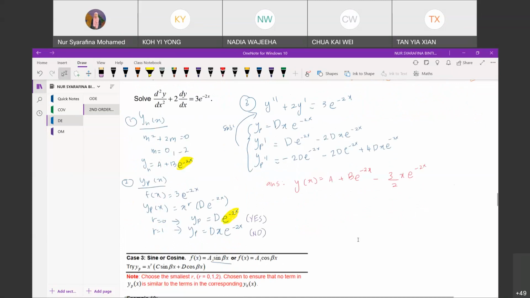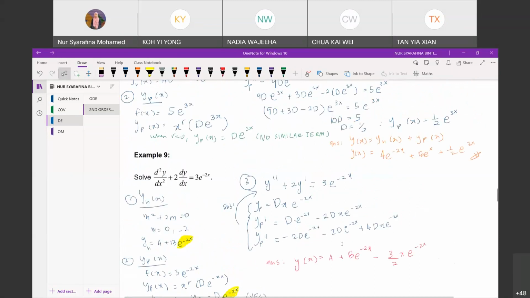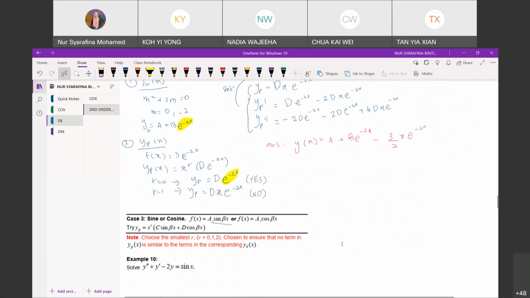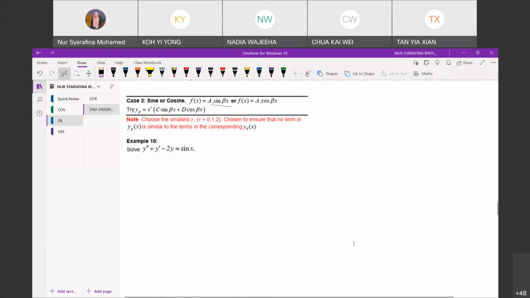All right, now let's proceed with the next case, sine or cosine. We have done with polynomial and exponential. Now it is in terms of sine or cosine. In case 3, when your function is either sine beta x or cos beta x, then your yp should be x to the power of r, times c sine beta x plus d cos beta x.